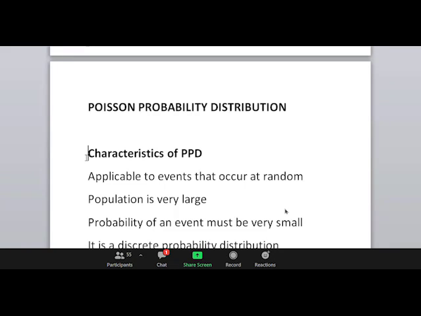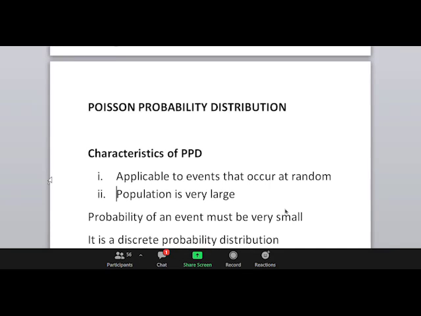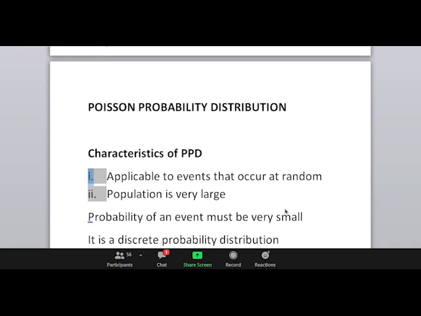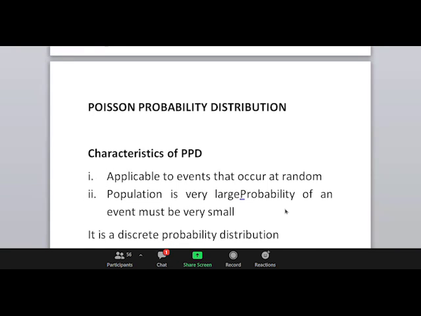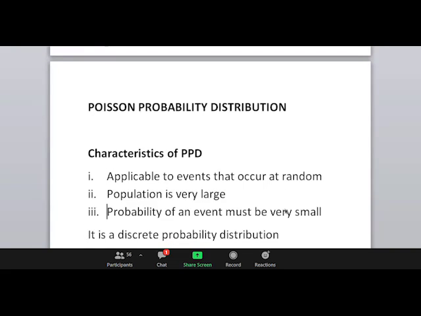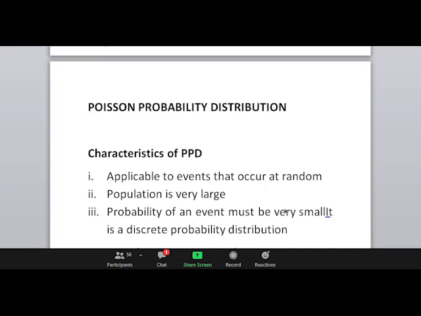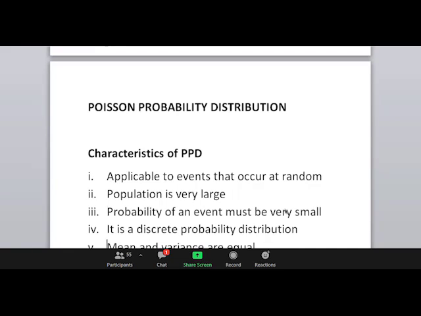So to look at the Poisson probability distribution, I want us first to look at the characteristics of the Poisson distribution. What are the characteristics?